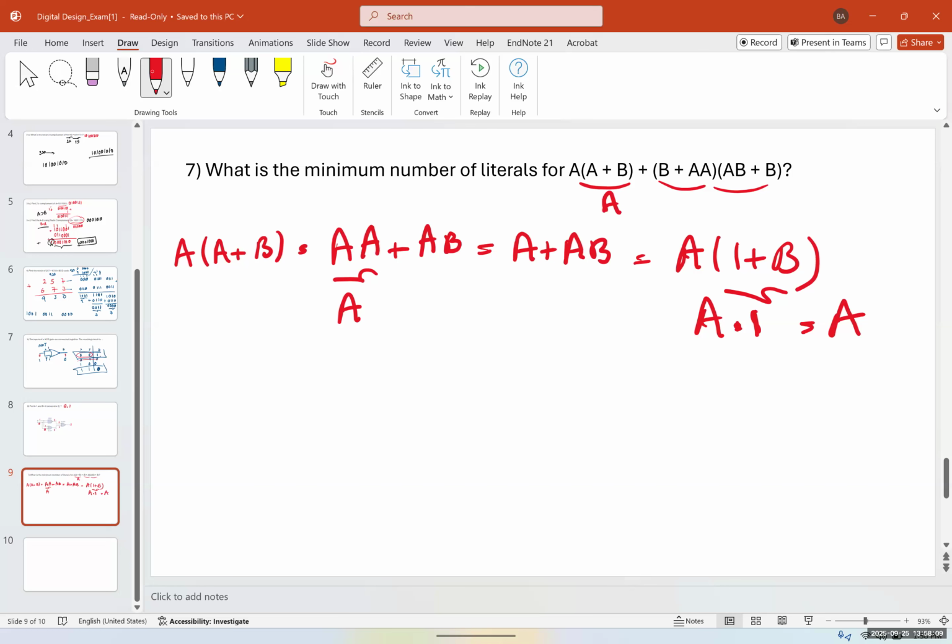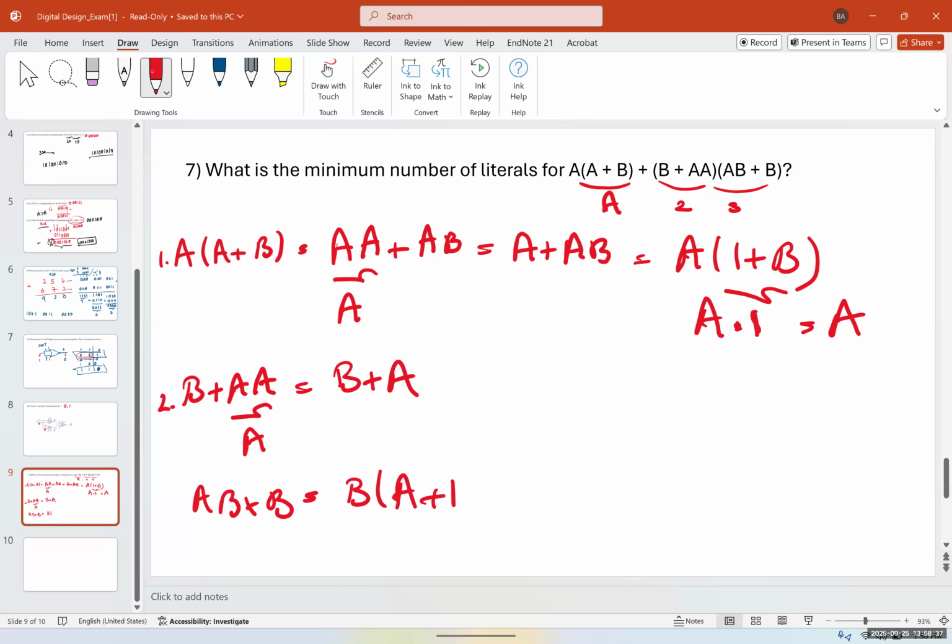Now the second part, B plus AA. What is AA? So this would be B plus A. Am I correct? Yes. So this is part 2. That was part 1, part 2, part 3. What is AB plus B equal to? Can I write it like this?